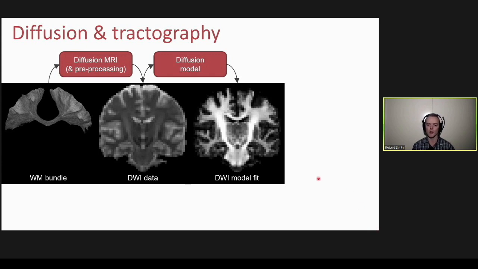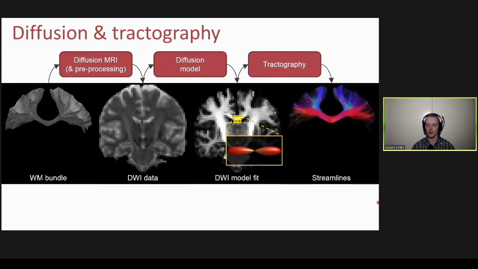In this particular case, the intensity of the image reflects the estimated white matter fiber density. And in addition to that, in every voxel in the image, we have an estimate of the fiber orientations and densities. Now from this, we're obviously going to perform tractography, which we'll speak about in more detail later on. That's what gives us the actual reconstructed trajectories through three-dimensional space.